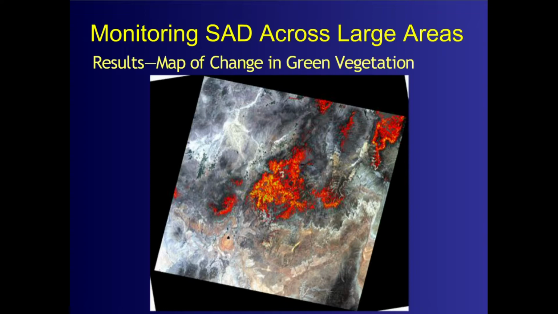There's also a lot of green in there that isn't displaying correctly. But what this layer is, it's a change layer that shows the change in green vegetation between 2000 and 2007.